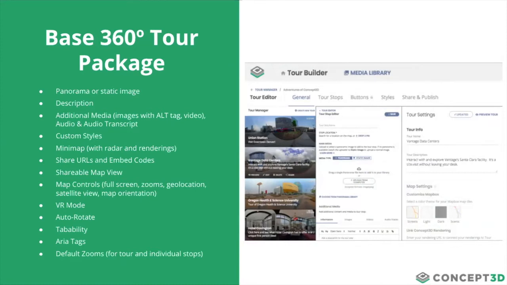It has that virtual reality mode, so if you're sending out Google Cardboard goggles for people to take the tour, you can do that. There's still tons of media and features that you can access. The base 360 tour package has a lot of functionality, and then the advanced tour package helps you build on that.